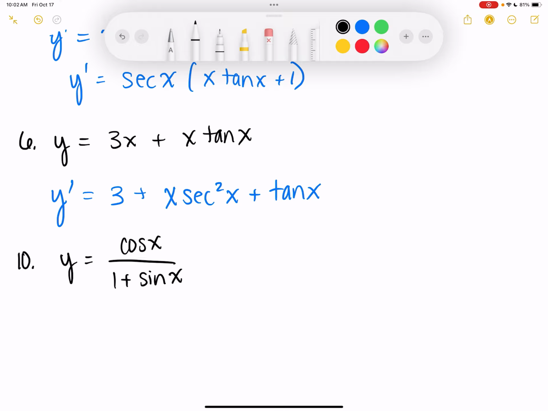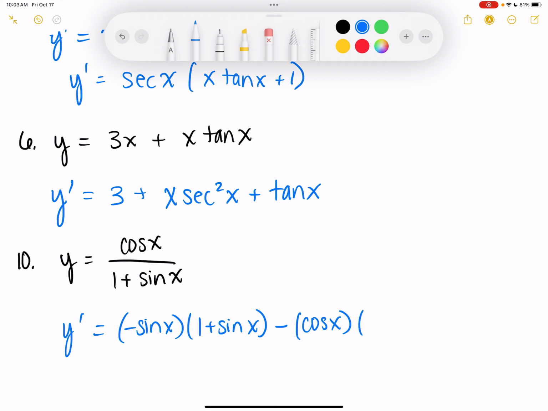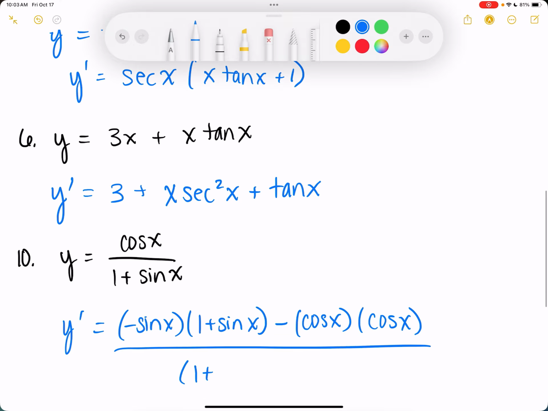So that is the derivative of the top, which would be minus sine of x, times the bottom, 1 plus sine of x, minus the top, cosine of x, times the derivative of the bottom. The derivative of 1 is just 0, and the derivative of sine of x is cosine of x. And then all over 1 plus sine of x squared.